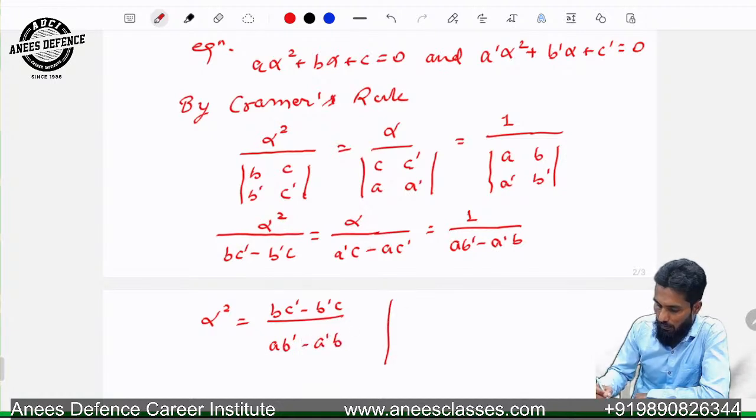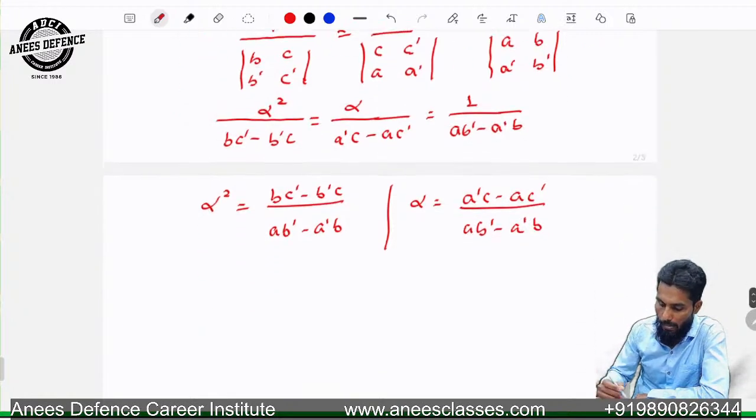Again equating the second and third expressions, you will get alpha equal to a dash c minus a c dash divided by a b dash minus a dash b. Fine. Now name it as equation number 1, equation number 2.